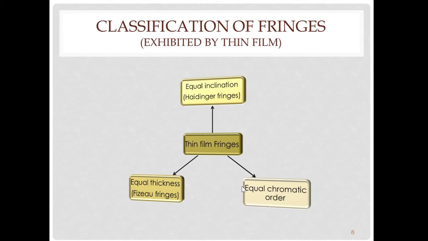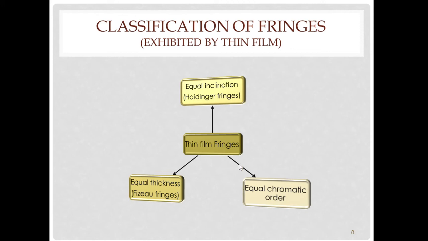So far we have seen that these colors in thin films occur due to interference in the reflected system. Now we move on to the classification of the fringes exhibited by thin films.